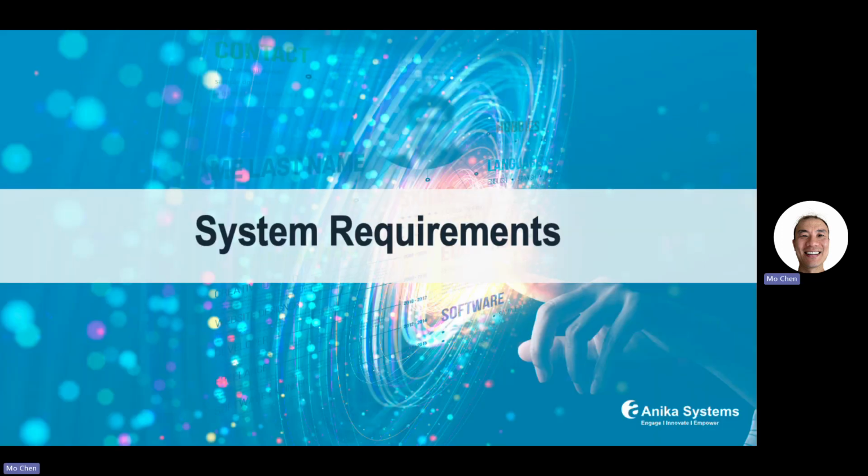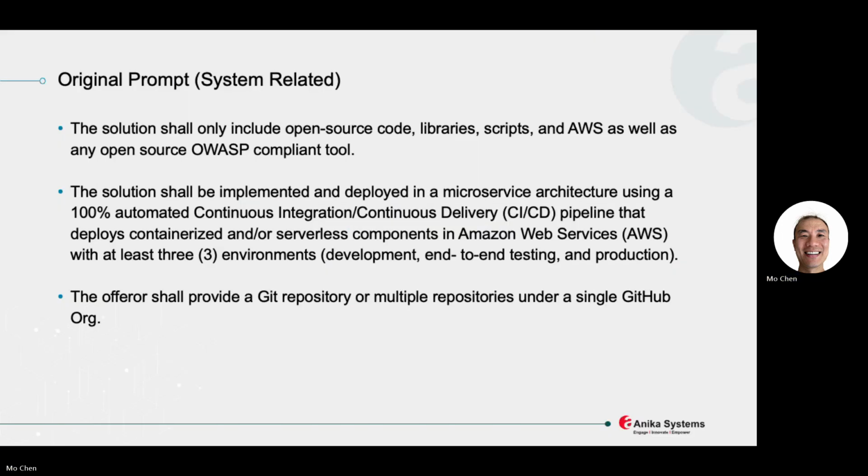In addition to the front-end and back-end requirements, we also have the system requirements to meet. Compared with the business requirements we just went through, the system requirements are more related to the hosting platform, the deployment, and the source code.